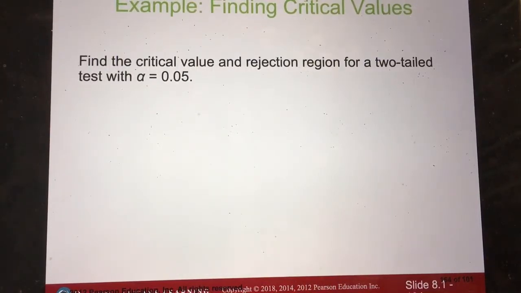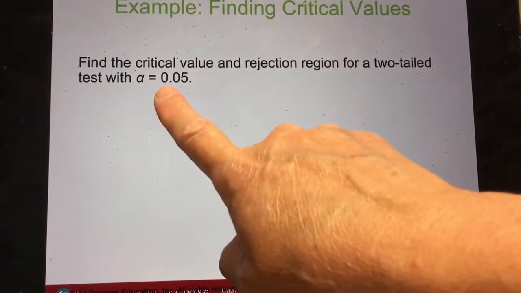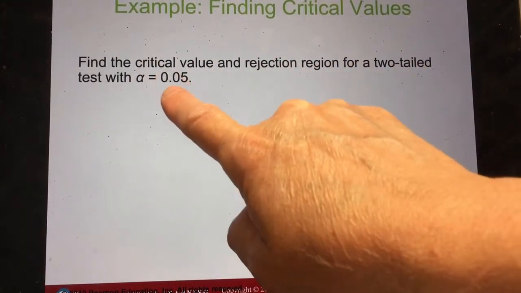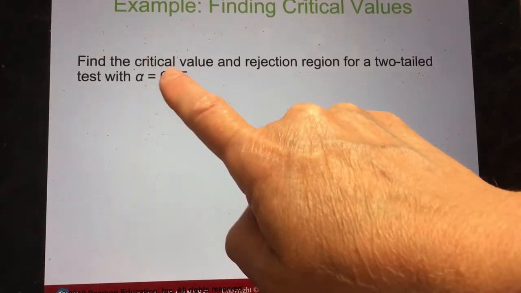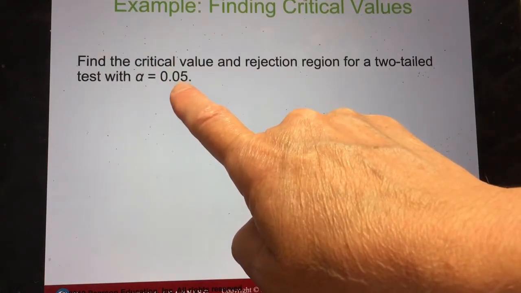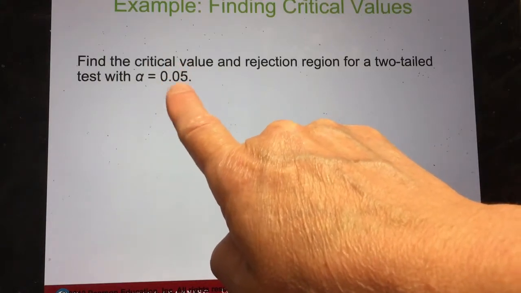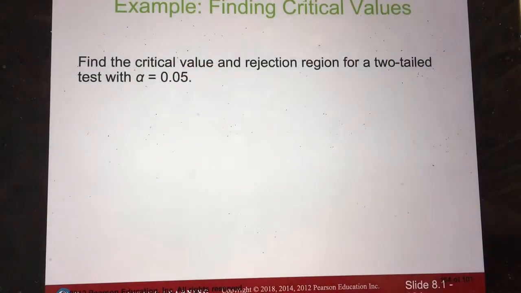So here's an example. Find the critical value and the rejection region for a two-tailed test with alpha equal to 0.05. Since it's two-tailed, the alpha 0.05 must be split. So we're going to have 0.025 on the right, and then we're going to have 0.025 on the left as far as the alpha, or the area in the tails.